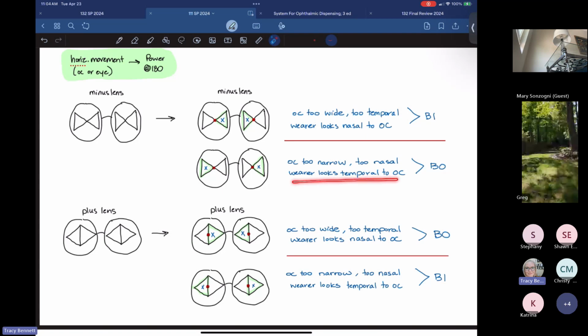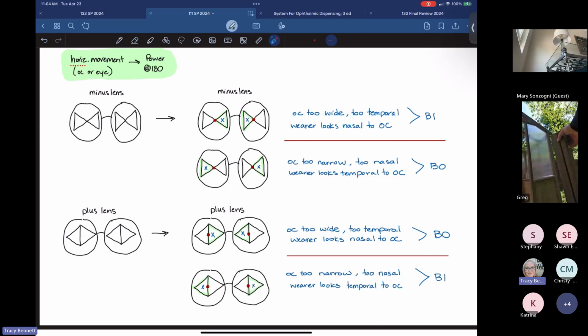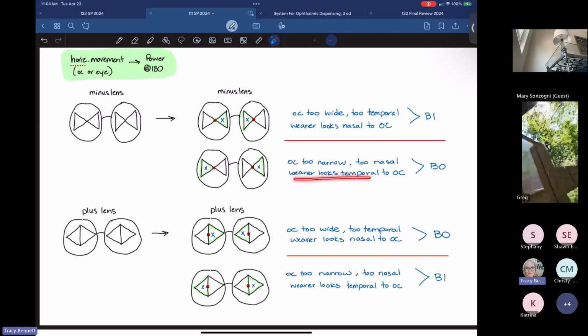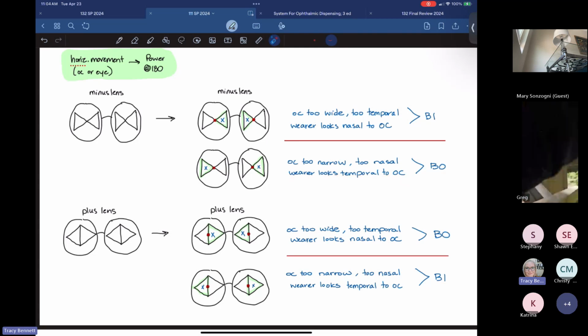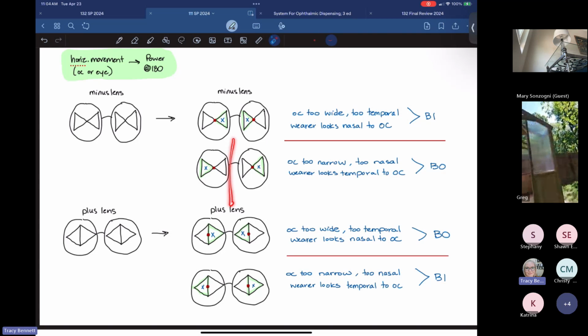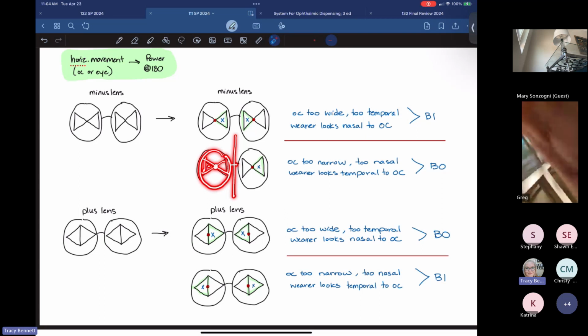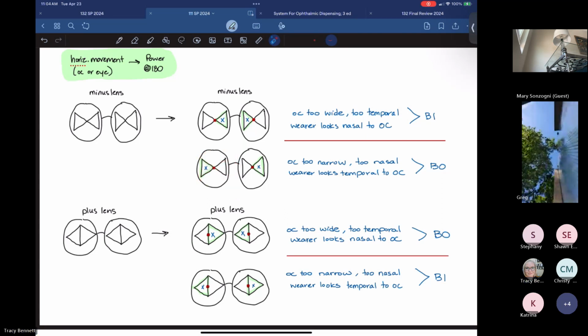If the wearer looks temporal to the OC, all right, and I had to kind of flex that one because again, the eyes don't naturally do that. But if the wearer looks temporal to the OC, and this is whether you're dealing with a right or a left, okay, if the wearer looks temporal to the OC and it's the right eye, then here's my right eye, there's my OCs, and the wearer's looking through here.